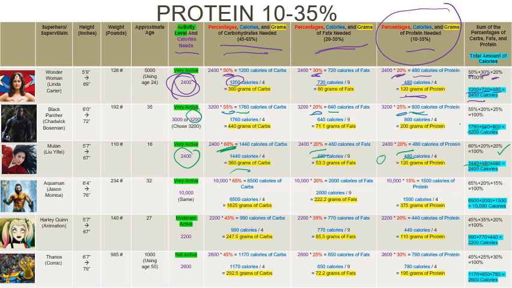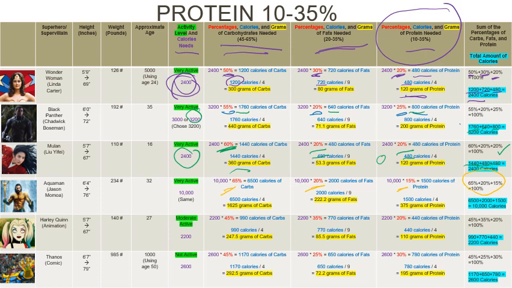Now, for Aquaman. So we remember that he has 65% carbohydrate because he's a speedster in the water. 20% of fat. And then when you calculate 65 plus 20 plus what equals 100? It would be 15. So here it is.